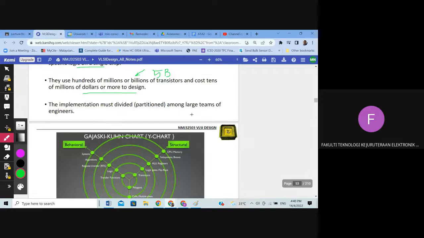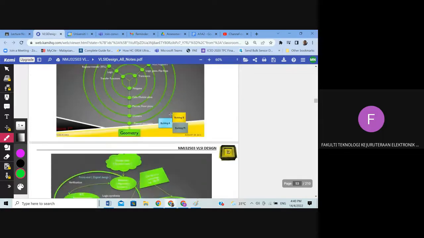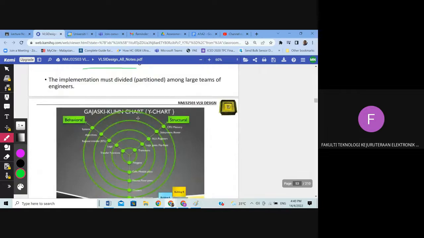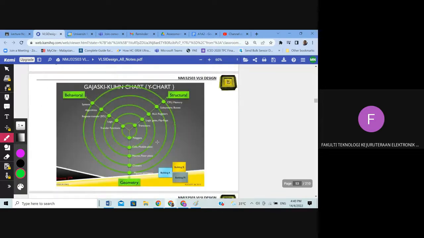So when we talk about 5 billion transistors, of course that's a very, very huge, complicated design. We have also learned about the Y chart. The more complex the system, we can see that fundamentally it comes from transistors. So lots of transistors can create a more complicated system.